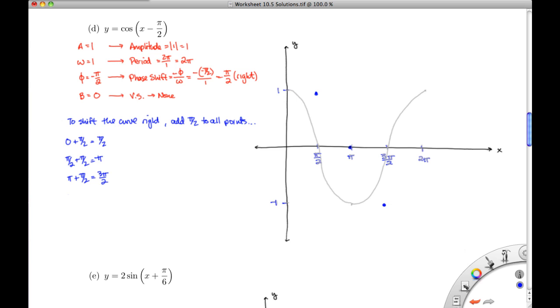And then 3 pi over 2 plus pi over 2 is going to give us 2 pi. So this x-intercept gets shifted over to 2 pi. And then lastly, that last x-intercept, if we add pi over 2 to that, that's going to give us 5 pi divided by 2. So we're going to have to add another notch here. And this will be 5 pi divided by 2. And this will be this max that gets shifted up. So now we just kind of play connect the dots again, starting now at pi over 2. And this is what we get.